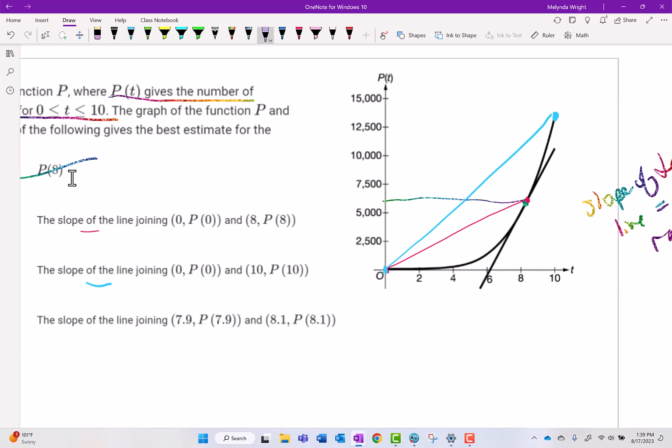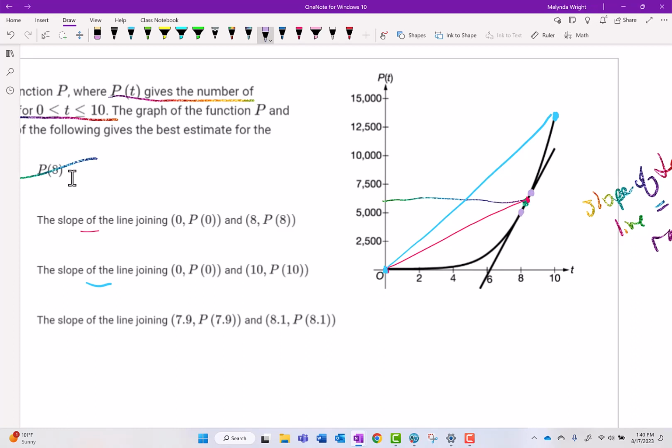We'll go with purple. So 7.9, p of 7.9. So that would be like here. 7.9, p of 7.9, and 8.1, p of 8.1. That would be like right here.